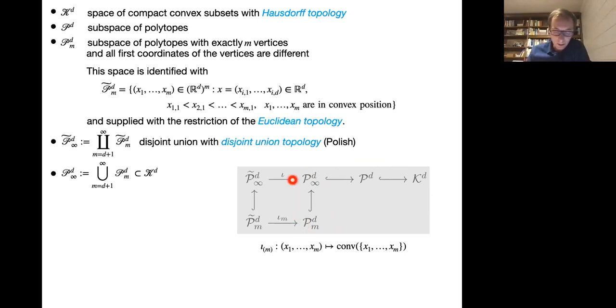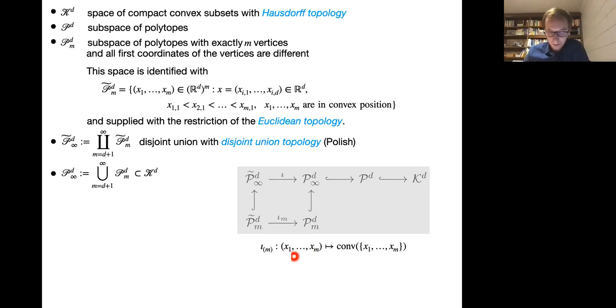And these spaces here can be identified with certain subsets of Euclidean spaces, right? This is exactly what I explained here. So you can identify each of these spaces with a certain Euclidean space, and this union with the disjoint union of certain subsets of Euclidean spaces. And you have identification maps between these spaces, which are very easy.